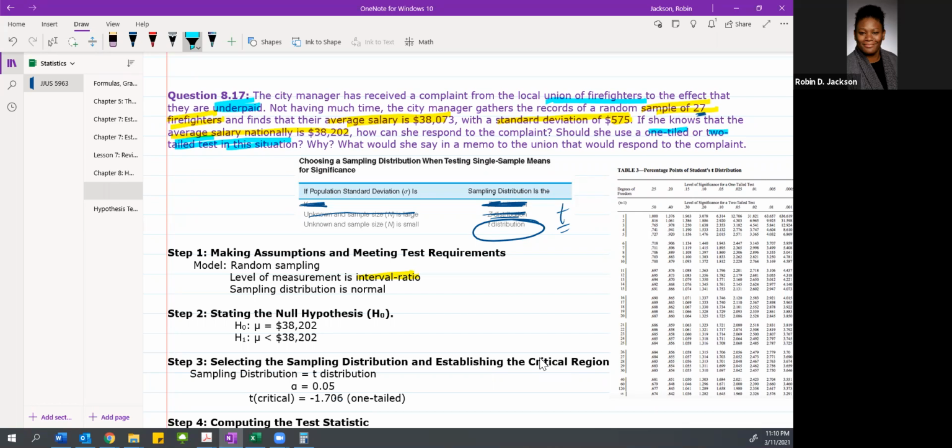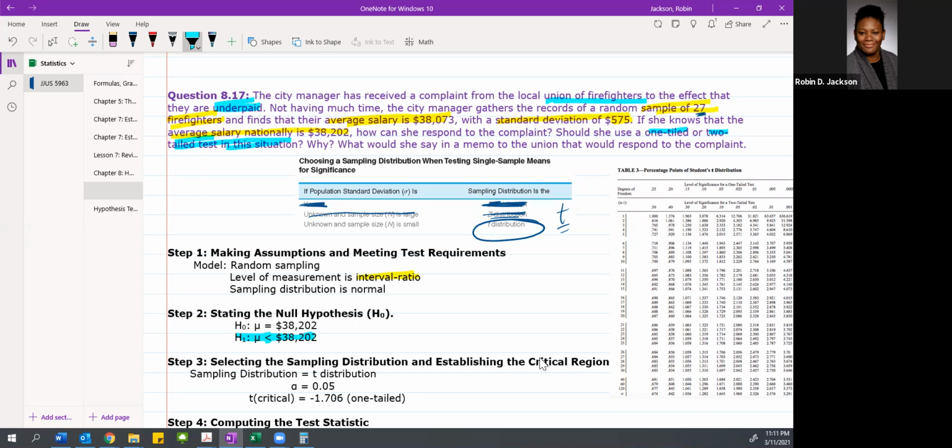So the city manager has to find out, are the local firefighters getting paid less than the national average of firefighters? So she's comparing these two different salaries, and the hypothesis is that the local firefighters get paid less. So you use the less than sign, okay? So that's our research hypothesis, our alternative hypothesis. So that answers that question.